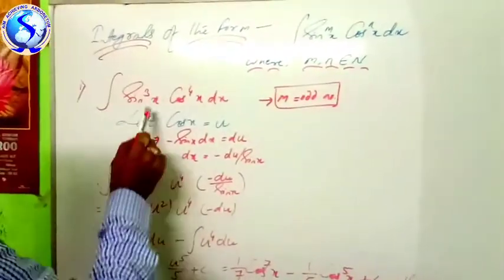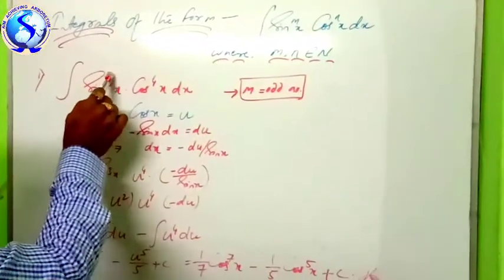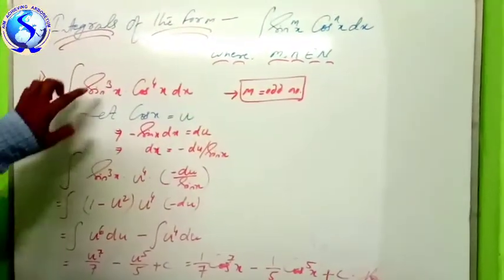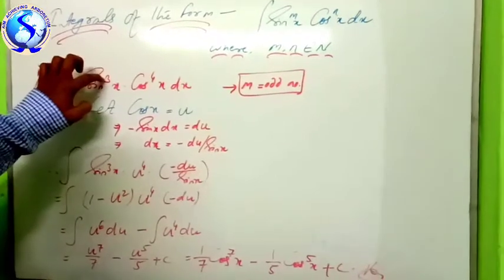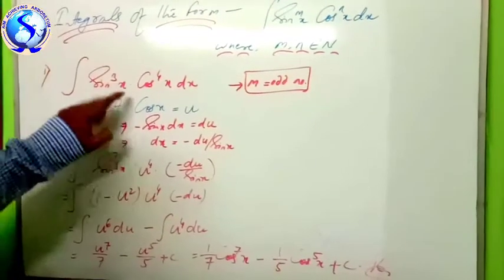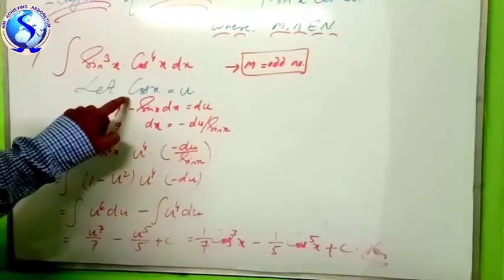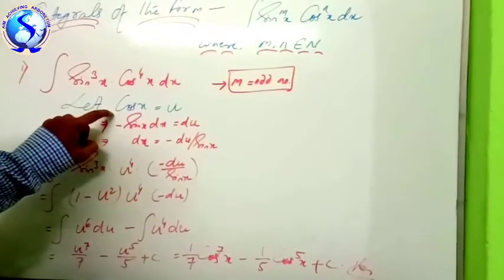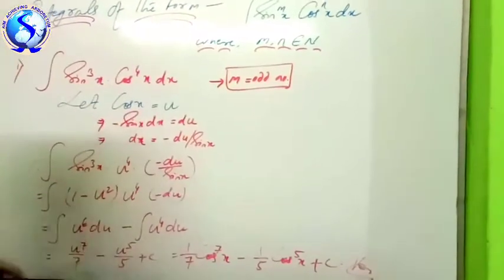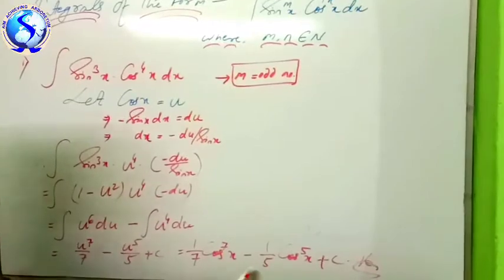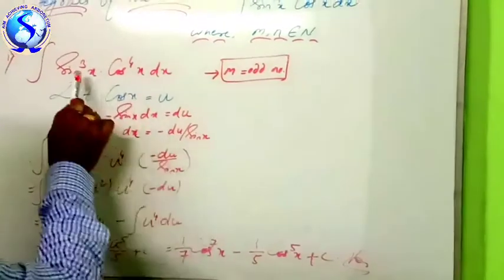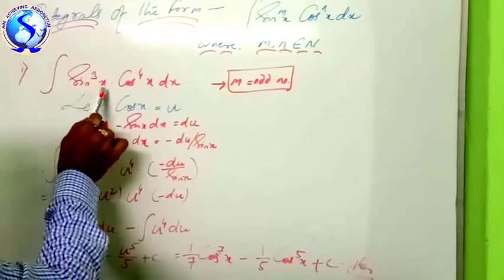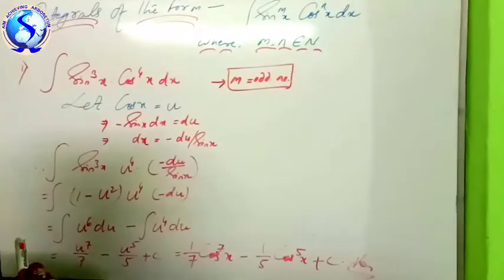Here I have taken the power of sin x as an odd number. If m is odd, in that case you have to take cos x as u, the substitution method. By substituting cos x as u, you have to proceed and solve. The final answer you get in this way. Here the power of sin x is an odd number, a positive odd number.